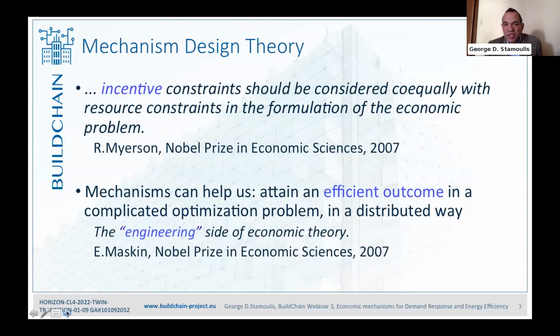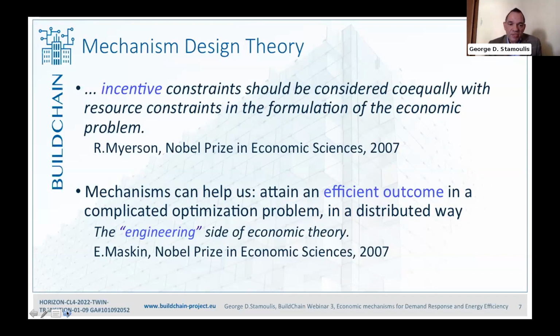So in the year 2007, the Nobel Prize of Economic Sciences was awarded to Myerson, Maskin, and Hurwicz for their contribution to mechanism design. Myerson said that incentive constraints should be considered co-equally with resource constraints in the formulation of economic problems, while Maskin mentioned that mechanisms can help us attain an efficient outcome in a complicated optimization problem in a distributed way.